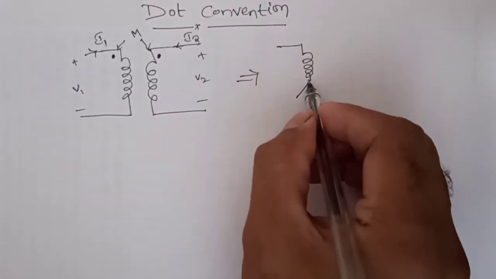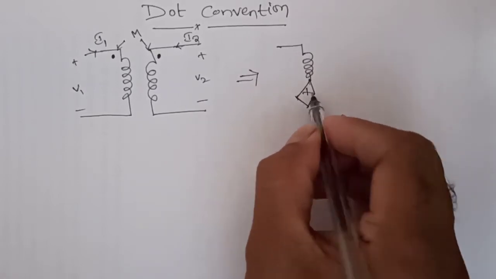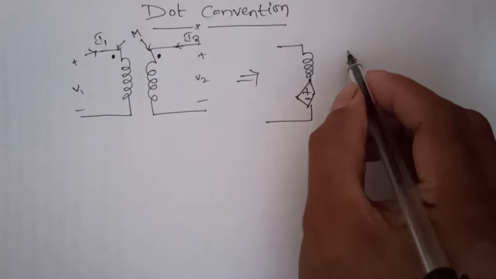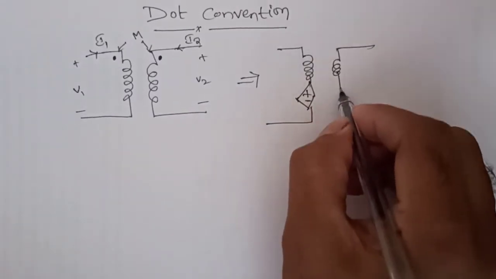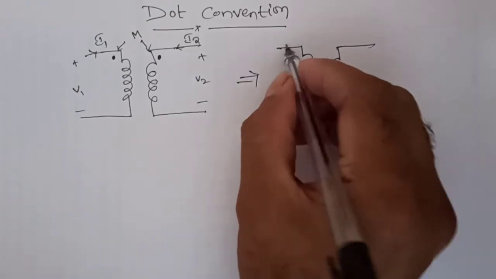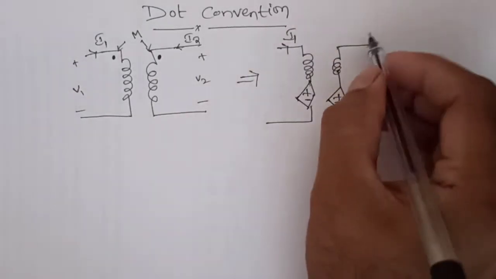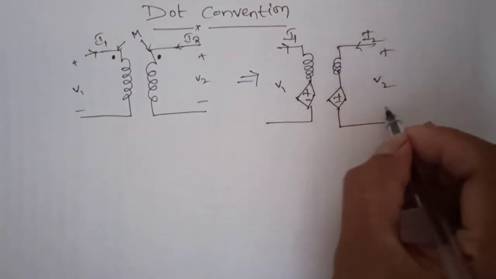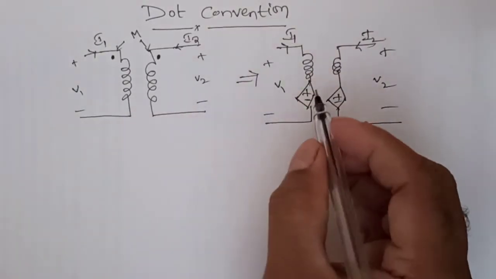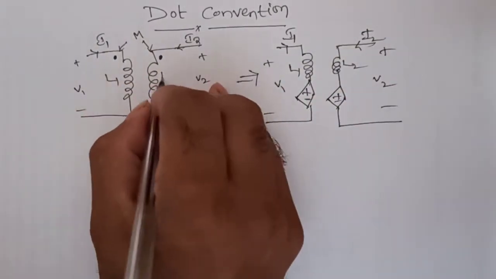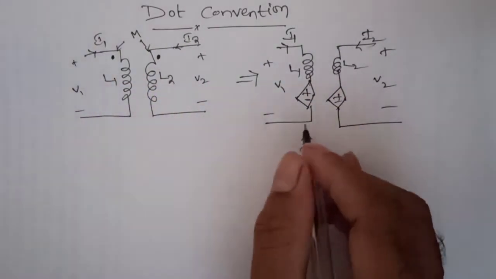Whenever dots are mentioned like this, the induced voltage will be represented with an equivalent circuit of this type of configuration. Plus minus, the currents are I1, I2, the voltages are V1 and V2, where the self-inductances of these two coils are L1 and L2.